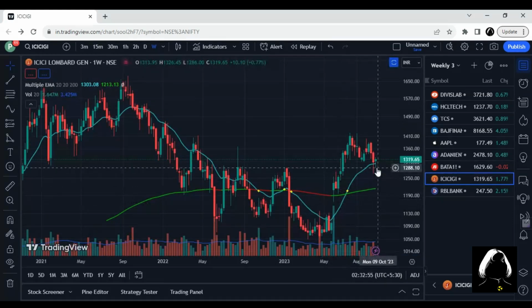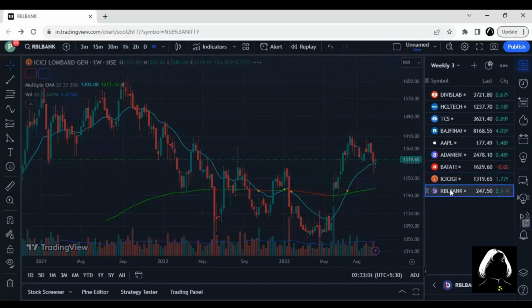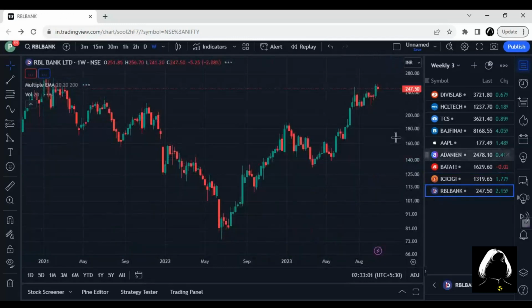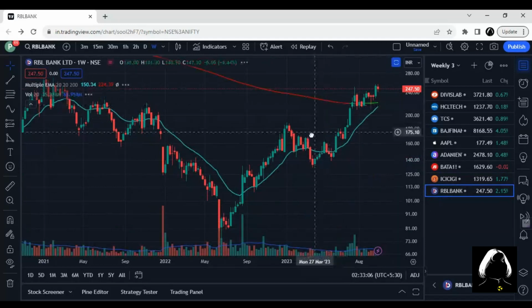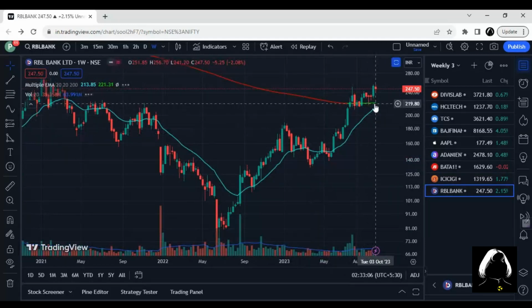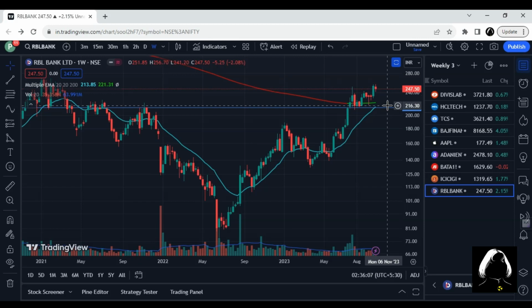There is one more stock which is about to give the buy trigger, that is RBL Bank, where here is the 200-day moving average and the 20 moving average is about to cross. So in October or November end, we might be getting a buy signal for RBL Bank. So keep it in your watch list.